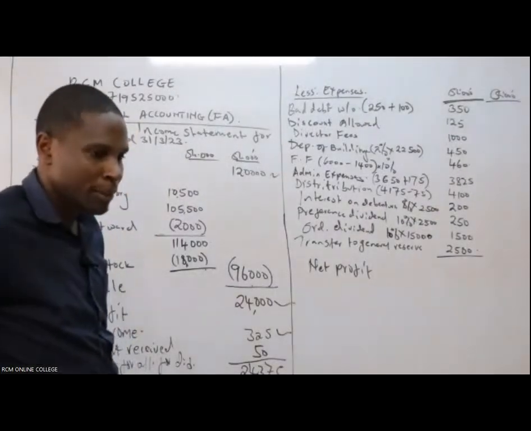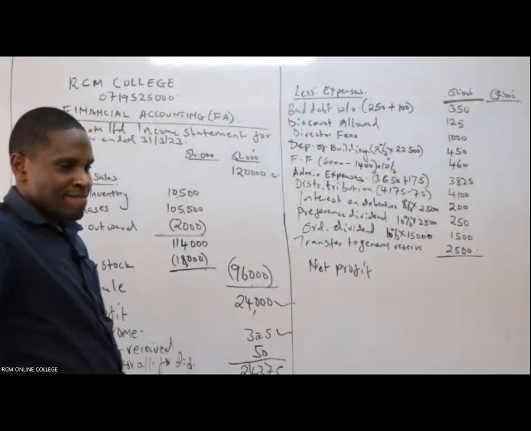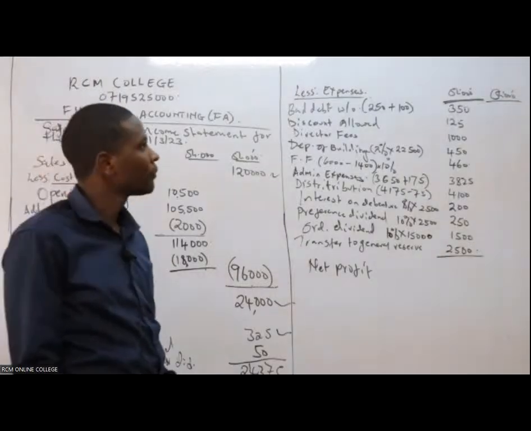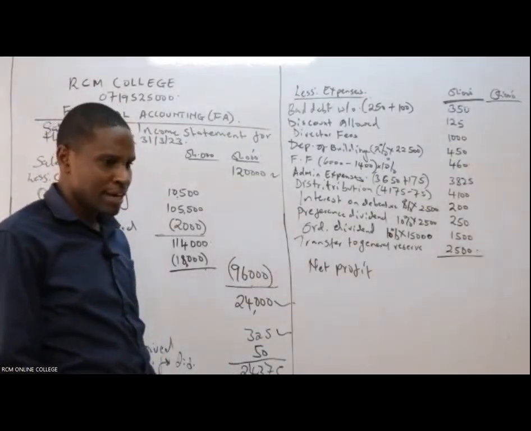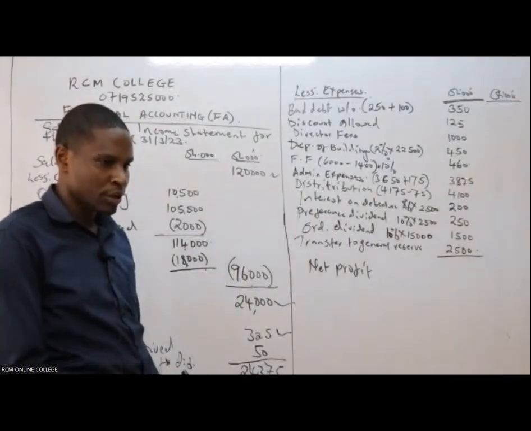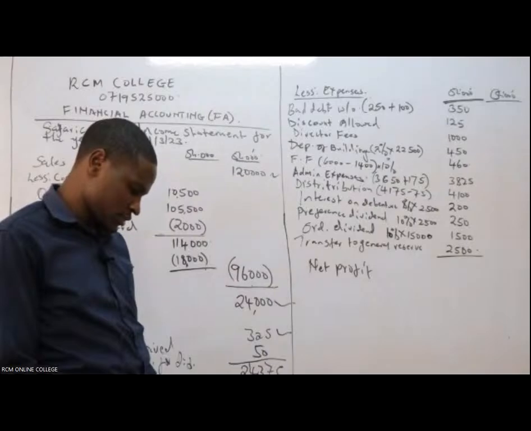What are you getting? Just look. Or is there an item we left? Can you check under expenses, whether there's an item we left?